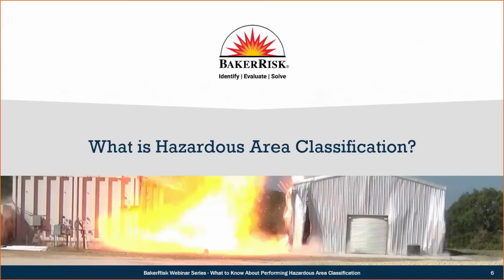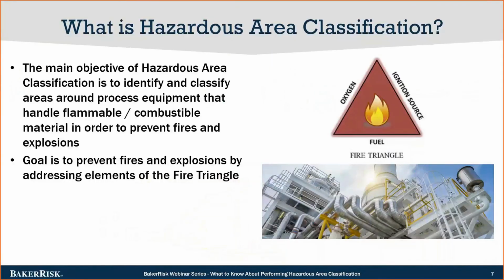So the first question is, what is hazardous area classification? The main objective of hazardous area classification is to identify and classify areas around process equipment that handle flammable, combustible material in order to prevent fires and explosions.